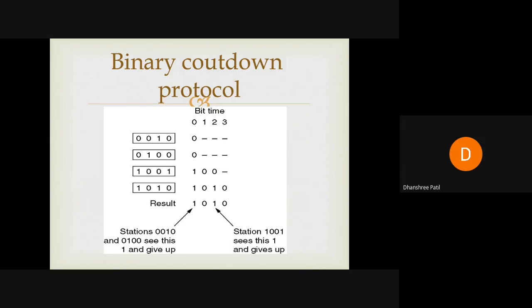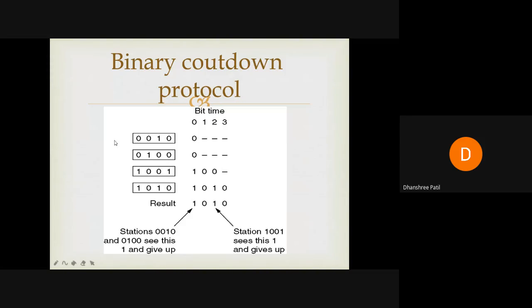The station that wants to use the channel or send a frame broadcasts its address as a binary bit string, starting with the high order bit. So the station that wants to send data or a frame just broadcasts its address as binary bits.